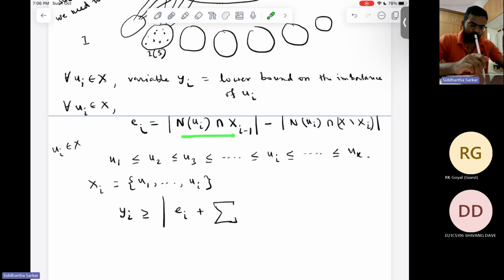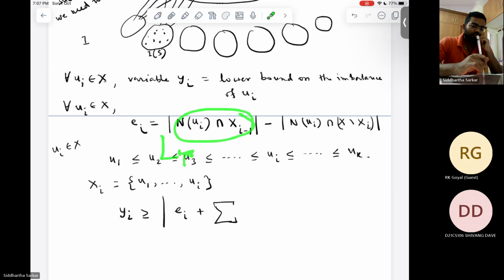So what is the first term? The first term is saying that look at all those vertices in the vertex cover which are to the left of ui, that means which have smaller level than the level of ui, and count them. So this is L of ui. No, this is not L of ui.